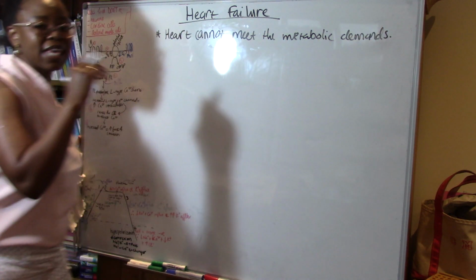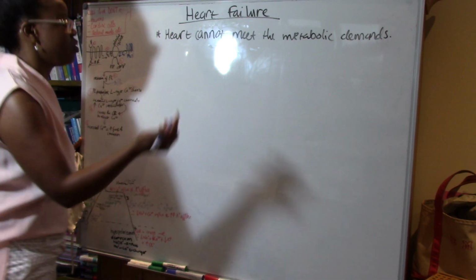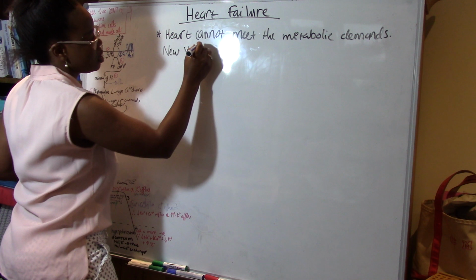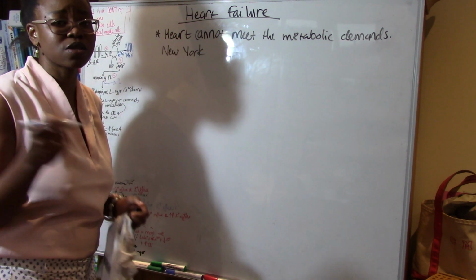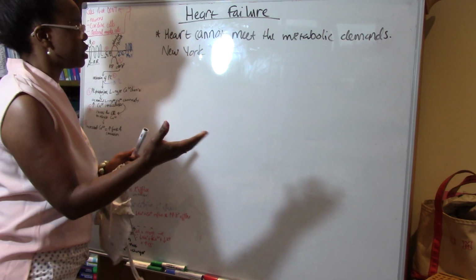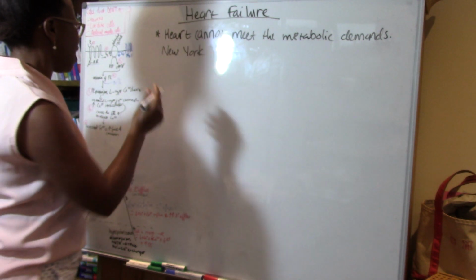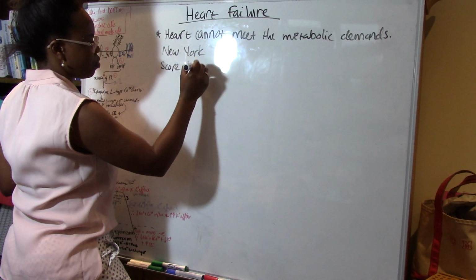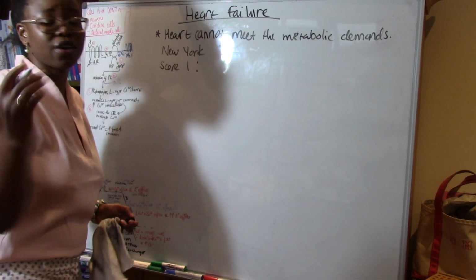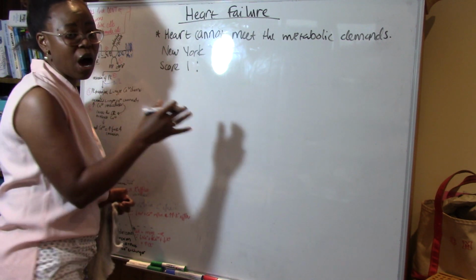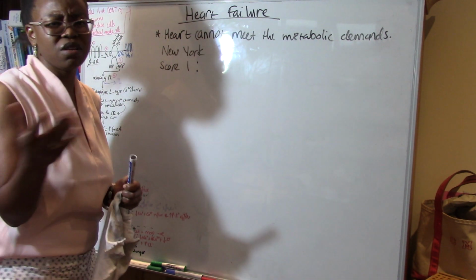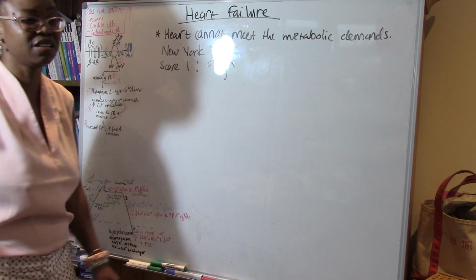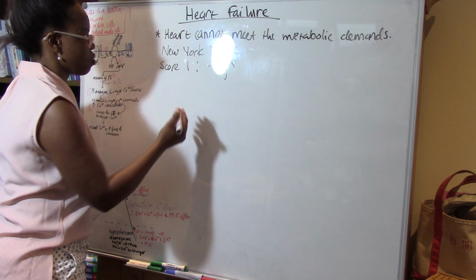Now, there is a classification which uses something called the New York Heart Association scoring system, and this system scores heart failure into four grades. For example, grade 1 is someone with no symptoms at all. They're doing well. There is nothing wrong with them.